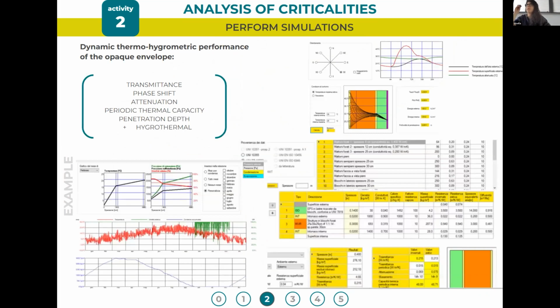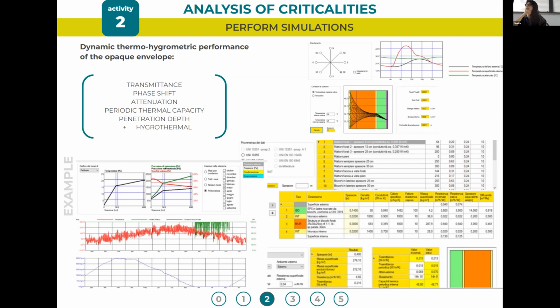Going deeper into, for example, the opaque envelope, another kind of very important simulation is the one describing the thermohygrometric performance of the envelope in a dynamic way.